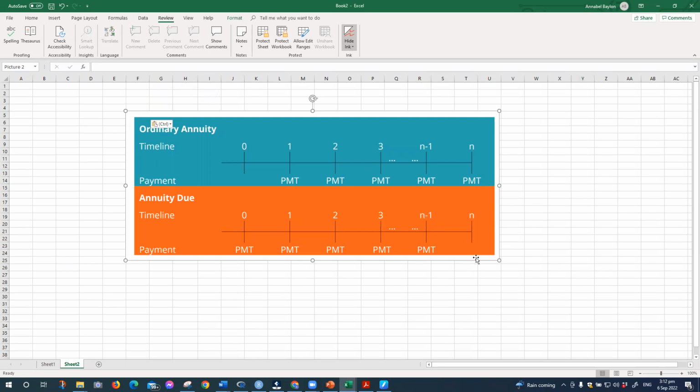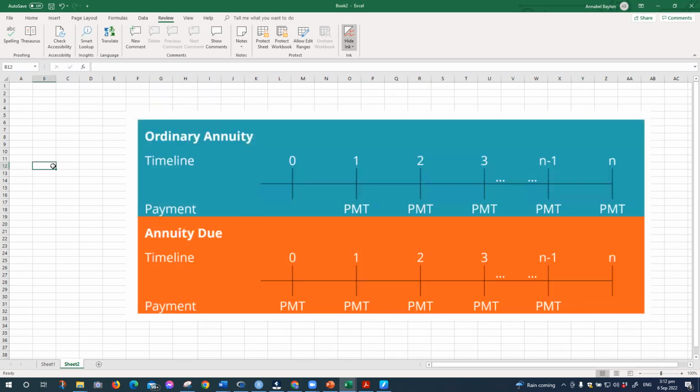Yan, okay. So this is the difference between an annuity due and an ordinary annuity. If you take a look at the timeline, time 0 is now. This is 1. This means after one period; the period can be 1 day, 1 week, 1 month, 1 quarter, etc., or 1 year.